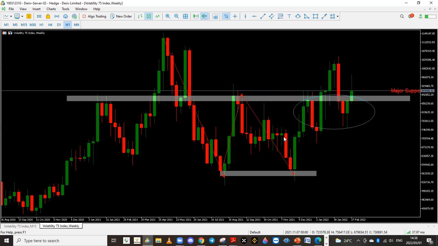According to the rules and the nature of double tops and double bottoms, they have to return to where they started. So roughly it has to return all the way to the top there.